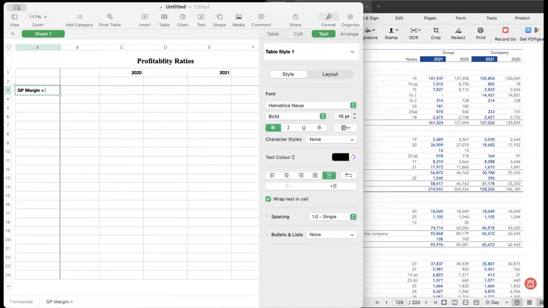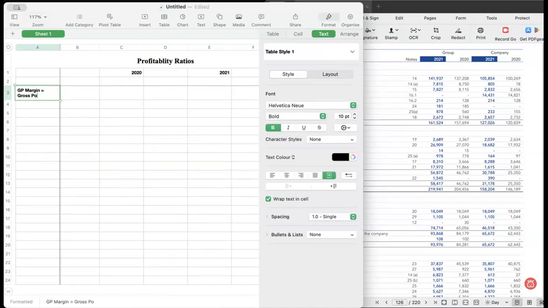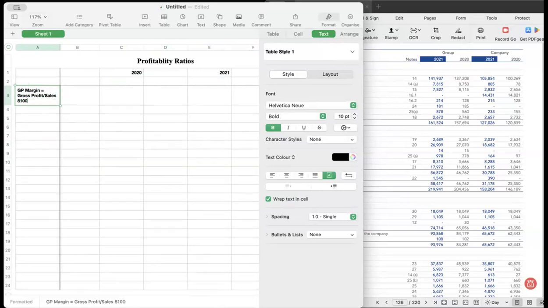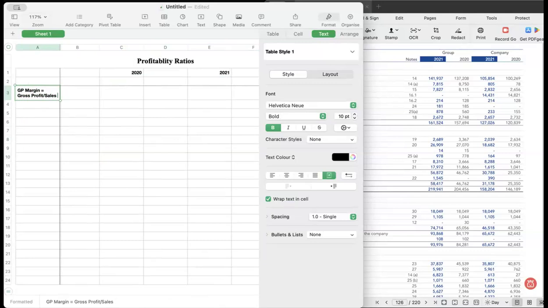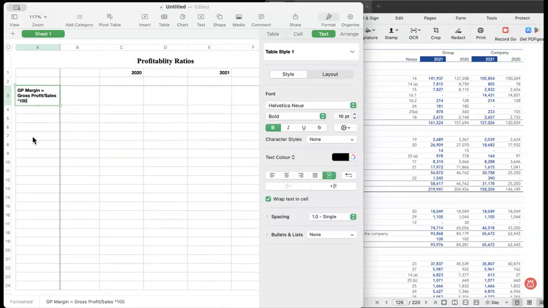So gross profit margin equals gross profit divided by sales into 100. So here you calculate as a percentage. Into 100. And then I also gave you another formula, which is operating profit margin.